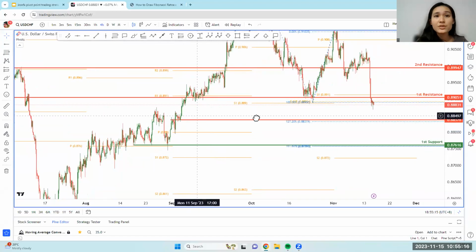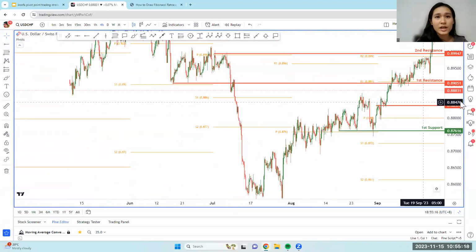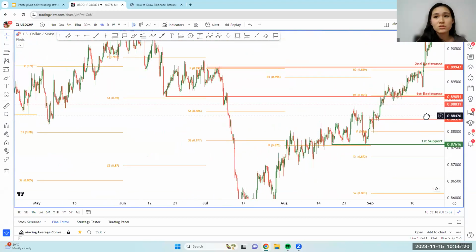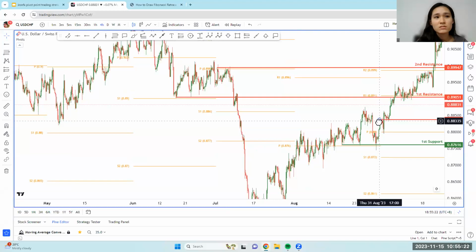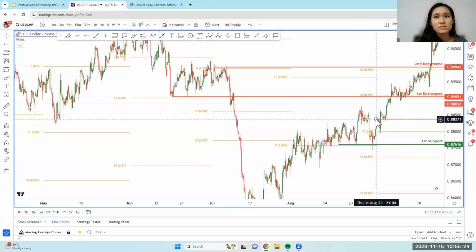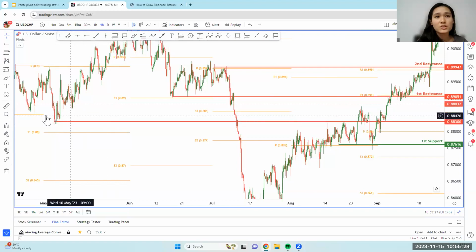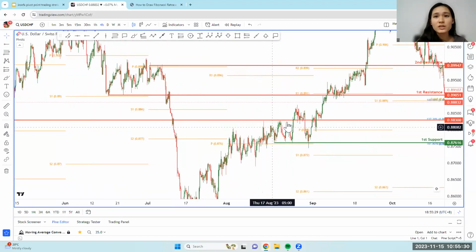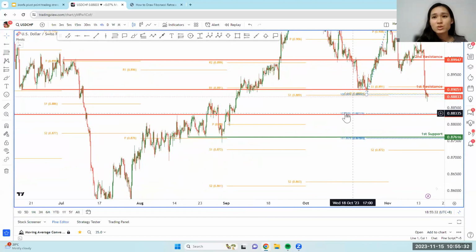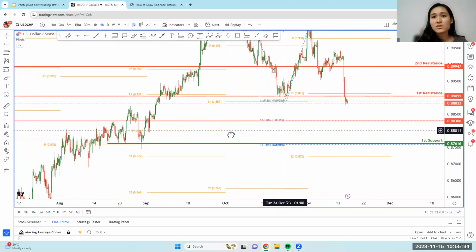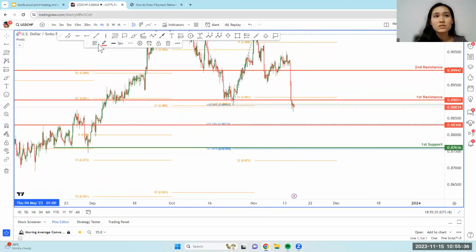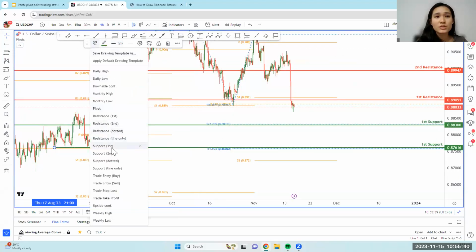Even though there isn't any pivot point here, I do want to highlight this level because we have a swing low here, a couple of swing highs, and it's also in line with this 127. So this changes to my first support and then my second support here.